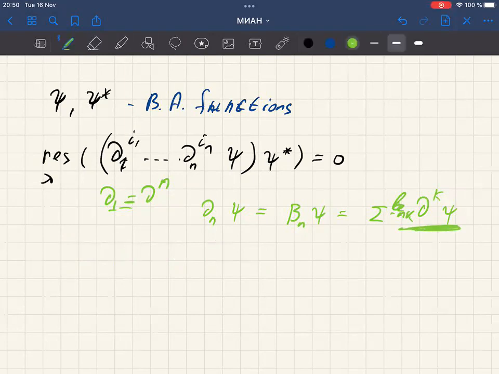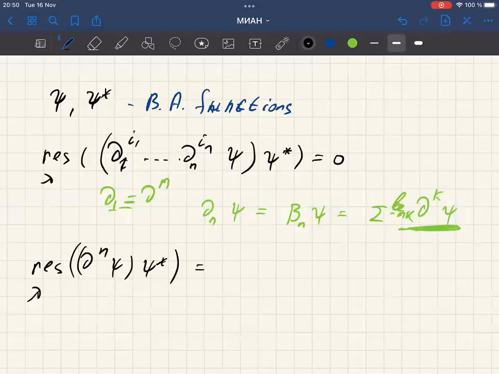So we need to prove it only for lambda psi star. Okay, now let us recall the definition.